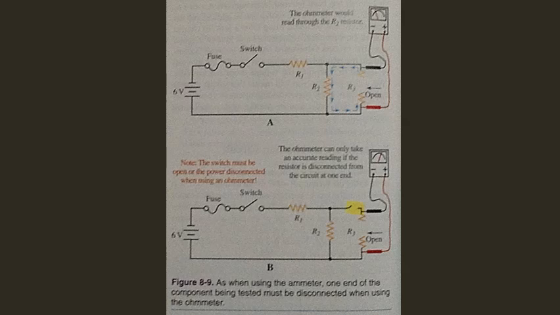To take an accurate reading with an ohmmeter, one end of the component to be read should be disconnected from the circuit, part B, to prevent reading other components in the circuit. Compare parts A and B of figure 8-9.